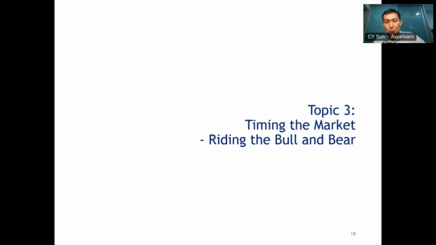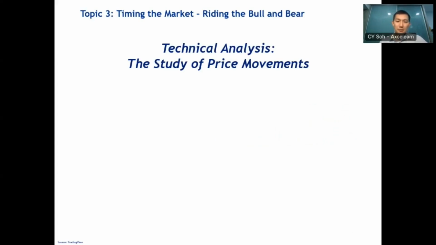Now, topic 3: timing the market and how you can ride the bull and bear market. Timing is very important when it comes to trading. You need to know at least the basic rules of trading. Generally speaking, all of us know that technical analysis is about studying the price movement of the products you're trading. In technical analysis, there are two schools.